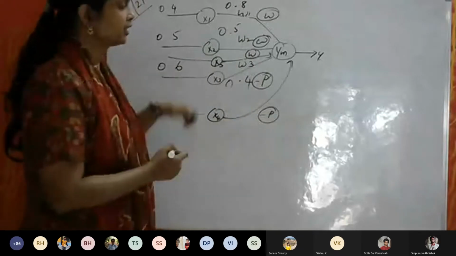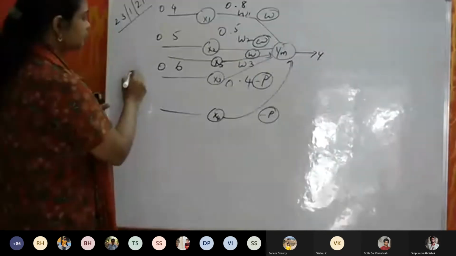Usually in the activation functions, to represent the threshold we write it using theta. This refers to the threshold value.